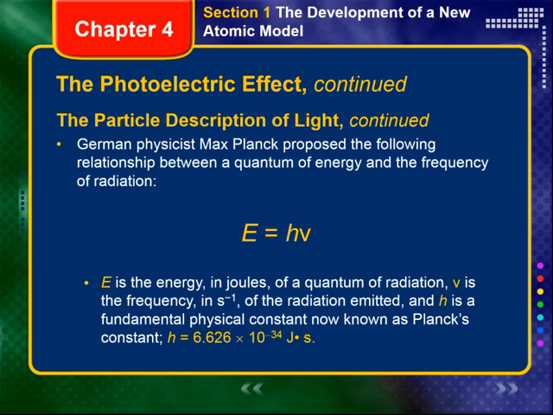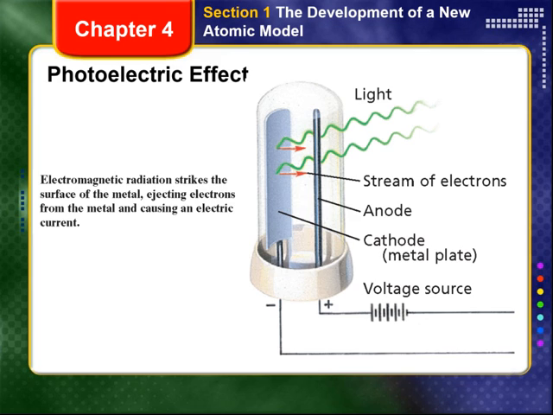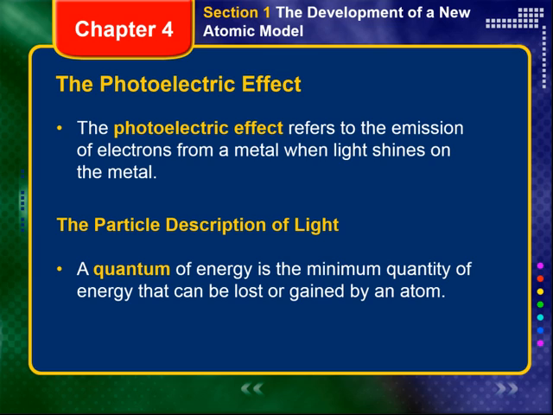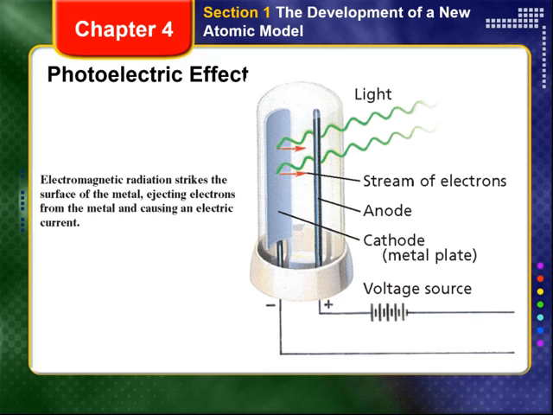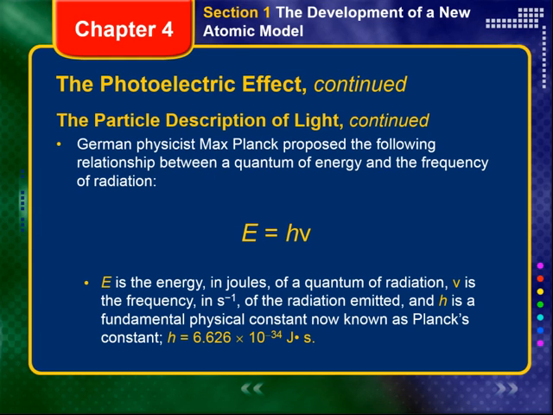Planck proposed the following relationship between a quantum of energy. Let me show you that definition one more time. A quantum is the minimum quantity of energy that can be lost or gained by an atom. Planck proposed the following relationship between that quantum of energy and the frequency of radiation: E is equal to h nu.